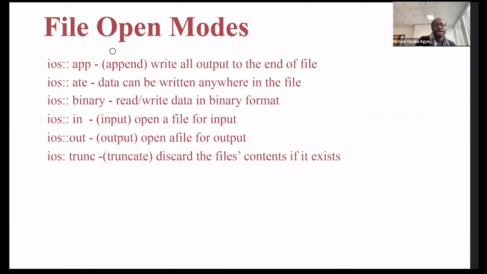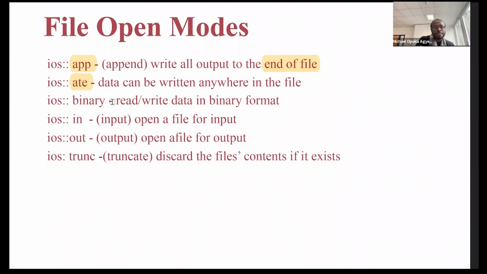Similar to what we had before, the data can be written anywhere when we open this one, so we can write at any point in time, anywhere on the document. And then the append is appending to the end of the file. Let's say you were creating your receipts for the assignment you are doing, you can just keep appending to the end of that particular file, the receipt once you make a stock, for example, for those who are talking about stock.